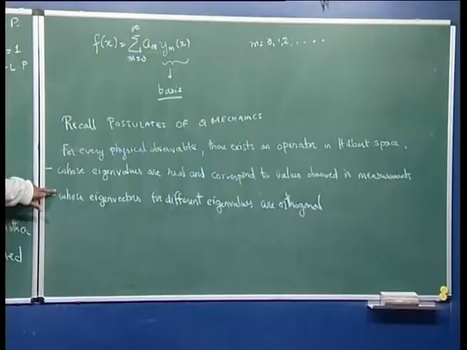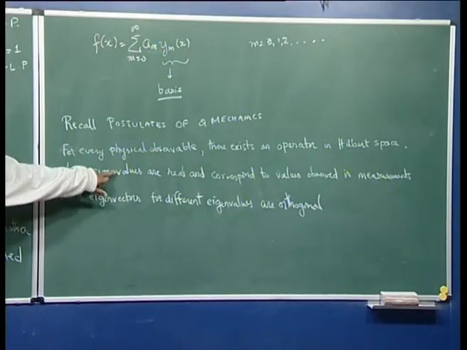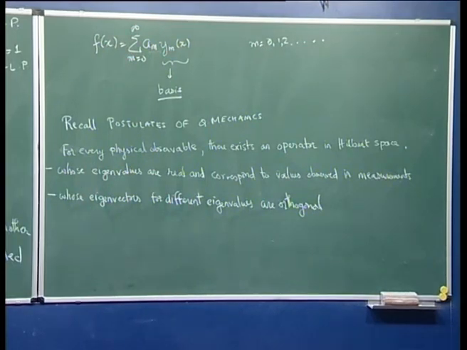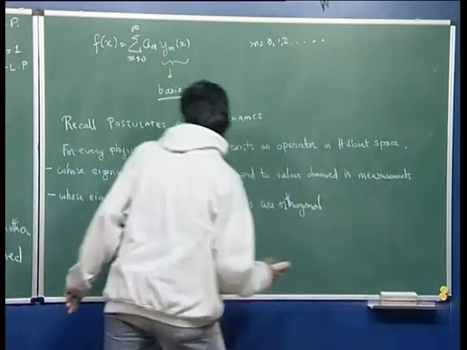If you take two different eigenvalues, the corresponding eigenfunctions are orthogonal.